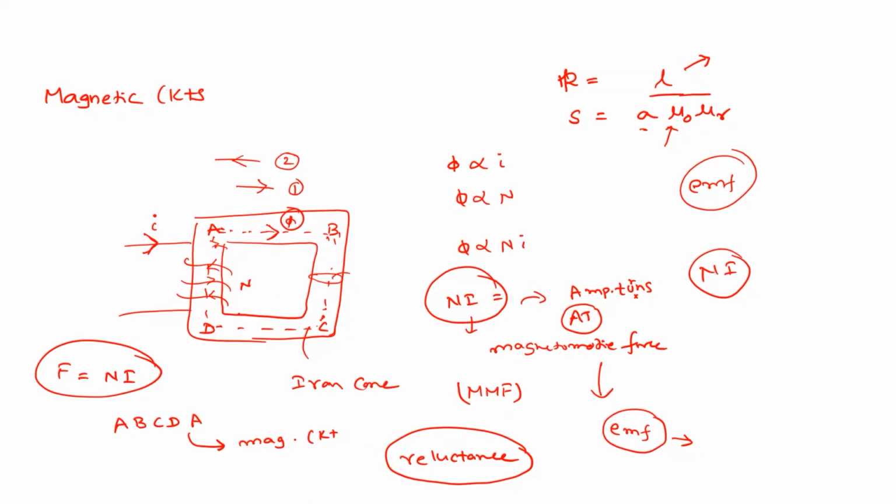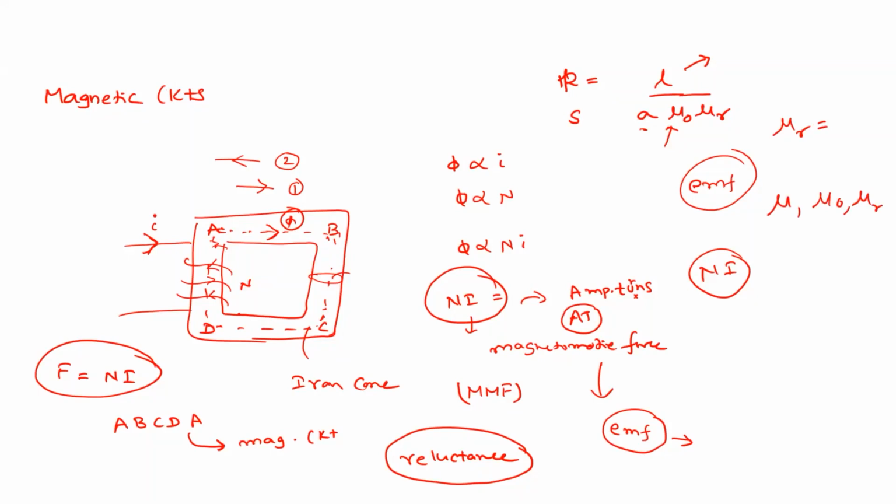Okay, what did you tell for A? Area. Yes, A is the cross-sectional area of the magnetic core. Mu naught is the permeability of vacuum, and mu R is the relative permeability. How is mu R defined? What is the relation between mu naught and mu R?